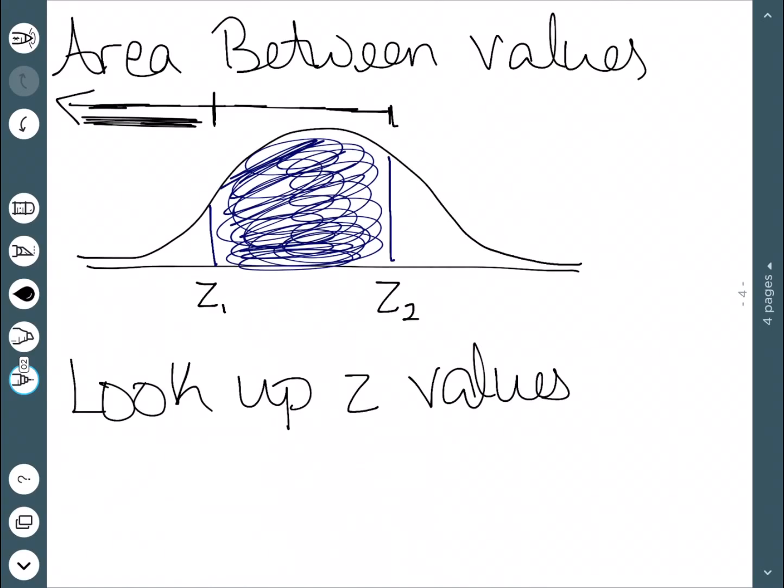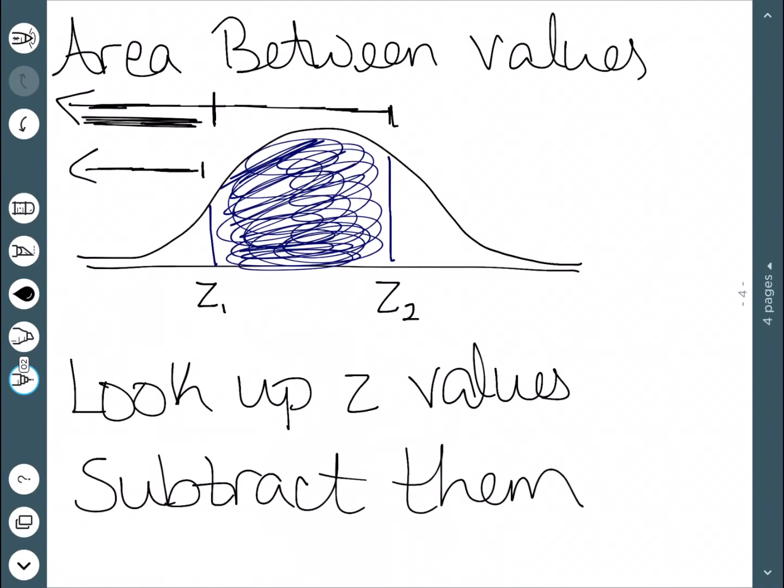If we look up the number z1, it's going to give us all of this extra area that we don't want. So once we have these two values and we look them up in the table, we just need to subtract. And we should always deal with positive numbers, so make sure you subtract the biggest minus the smallest.